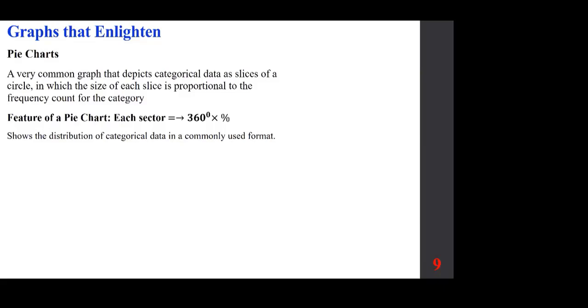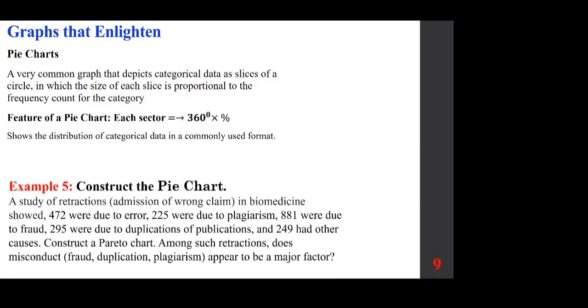And so with that being the case, we want to look at this case, and to come up with the pie chart, you need to know what is the total. Just as an example, if we look at 881, remember, you come up with a circle, and then you want to cut it into pieces.